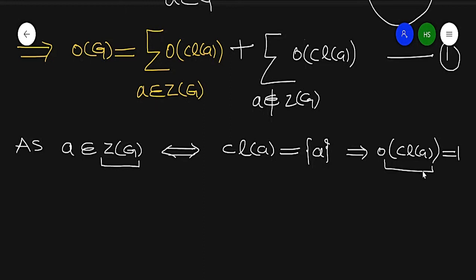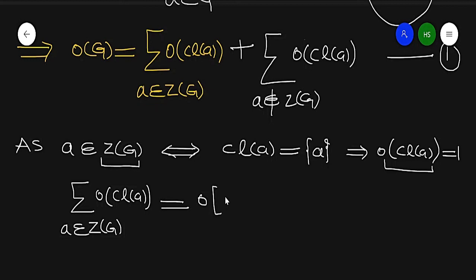So it means the summation of order of class of A, where A belongs to center of G, consists of the same elements as the center of G, so it is the order of center of G.